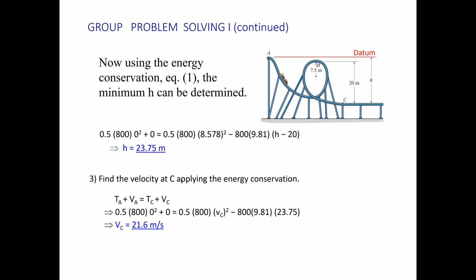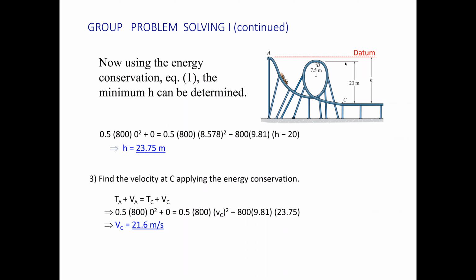And then, of course, to find the velocity at C, we can apply our conservation of energy equation again, where no energy is being lost in this, or converted to heat or anything else. So whatever initial energy we had is going to equal the final energy we had. Now we have a new point here.